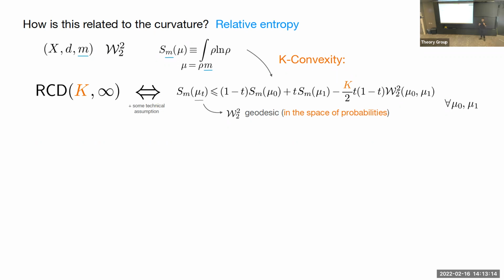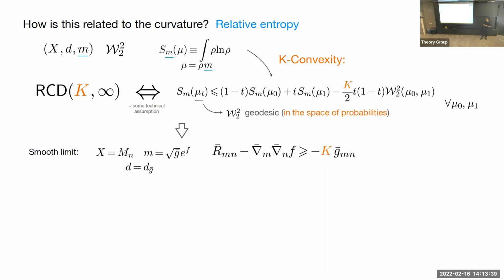They only have a synthetic notion of curvature being bounded from below by a constant K, and of dimension being bounded from above, in this case, by infinity. And the K is the same. And this is interesting for us because this is the synthetic notion we were looking for.